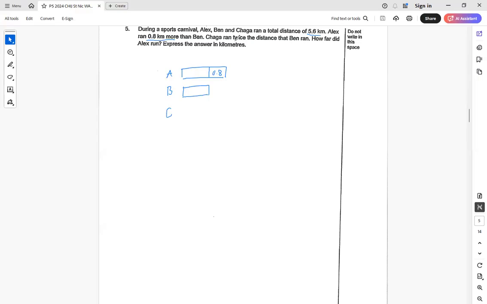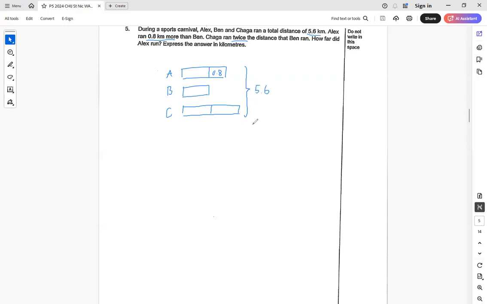Question says Chaga ran twice the distance that Ben ran. So for this, twice means 2 units as compared to Ben. So I'll draw 2 units. 1, and then Chaga will be 2 units. Remember, the question tells us the total distance by the 3 of them. It's 5.6 km.